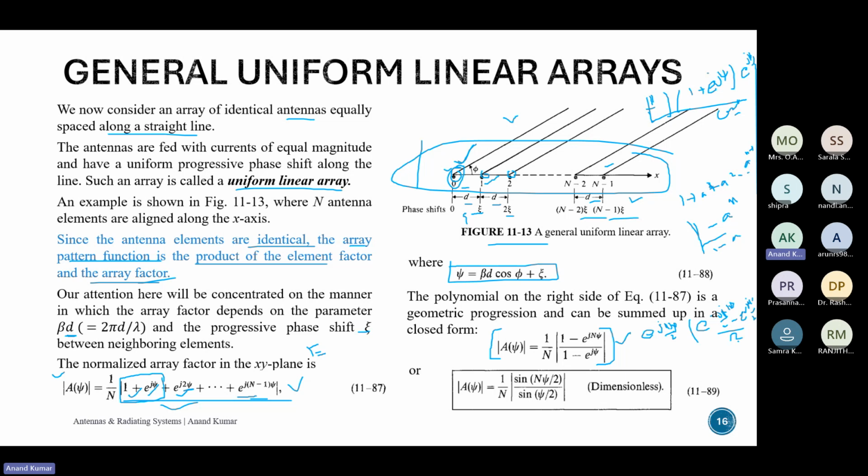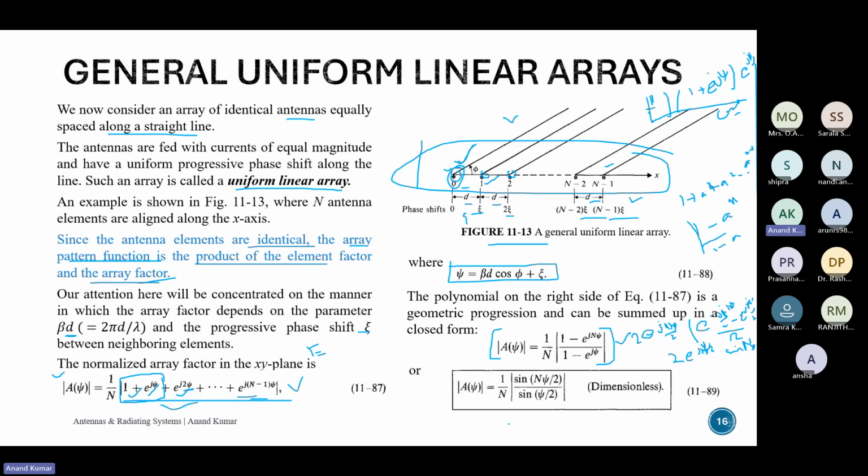If we multiply and divide by 2j, this actually resembles sine, so this will become 2j e power j n psi by 2 into sine n psi by 2. Very poorly written.